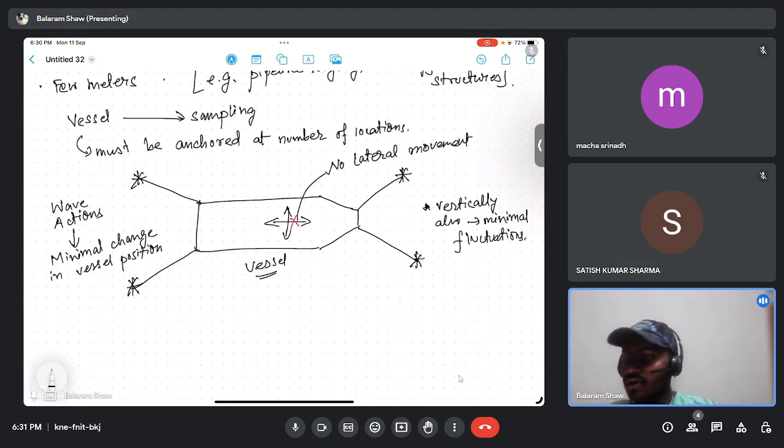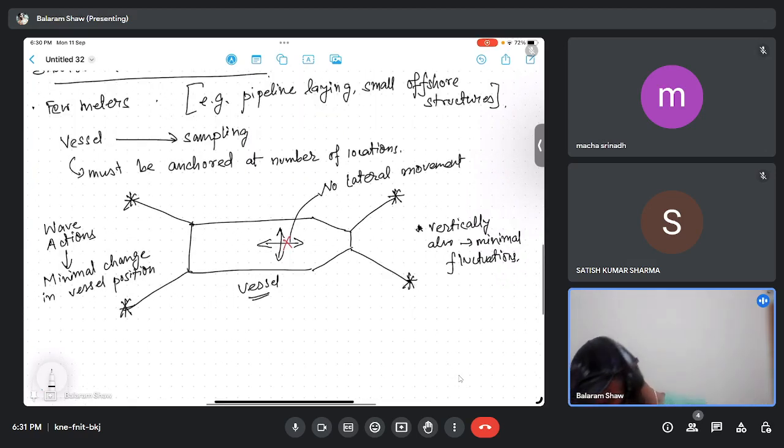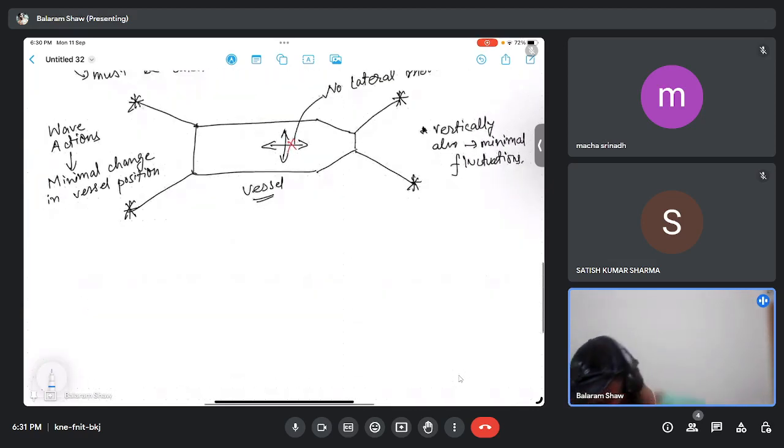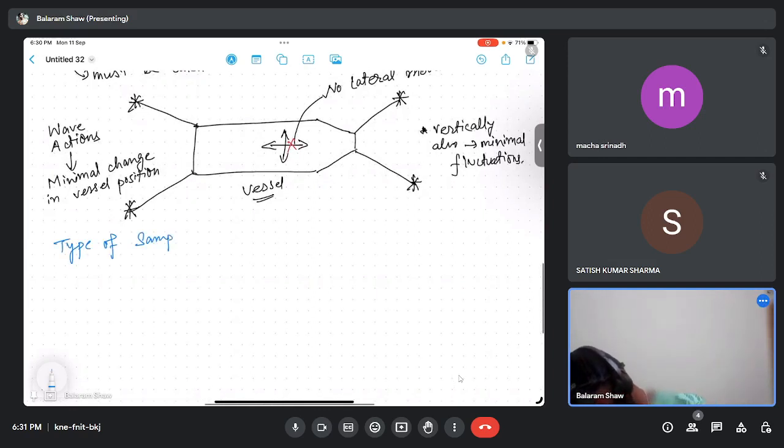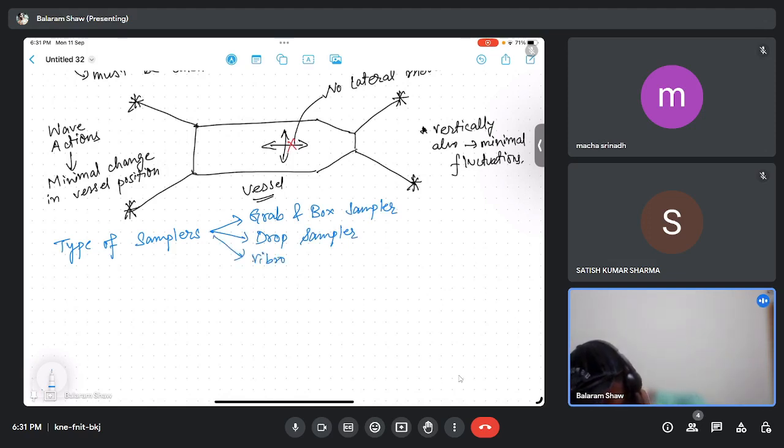Okay, now for this kind of investigation, as I said, we are going for sampling. For shallow investigations, the types of samplers that we use are grab sampler, then box sampler, then drop sampler, then vibro core sampler.